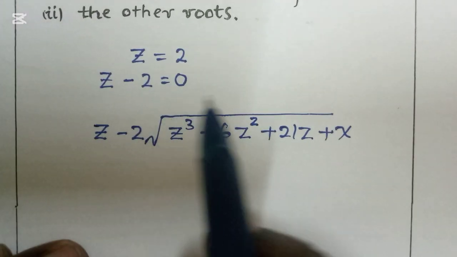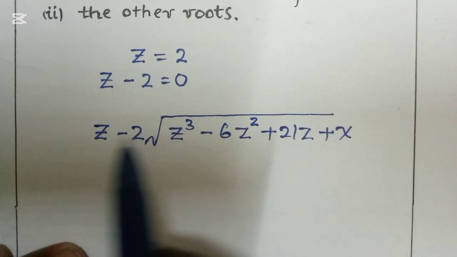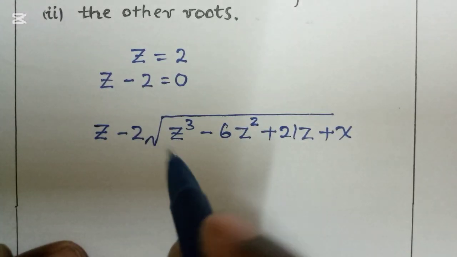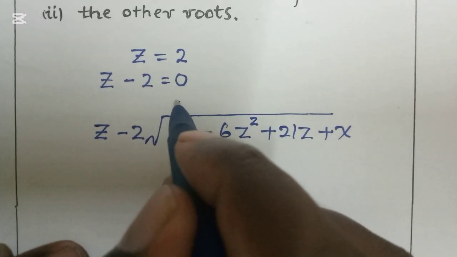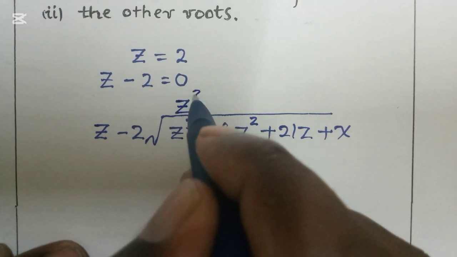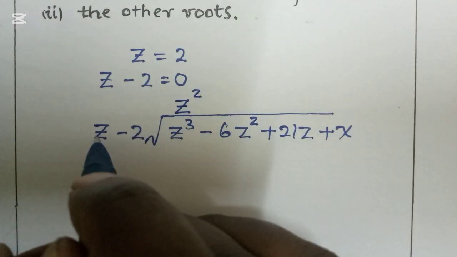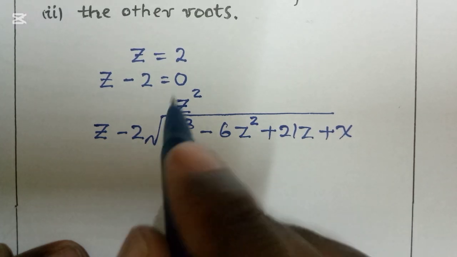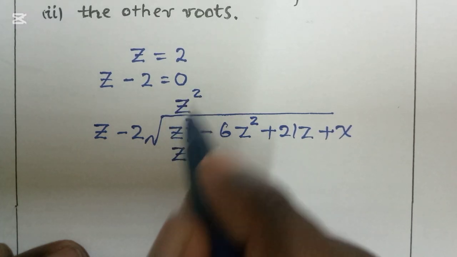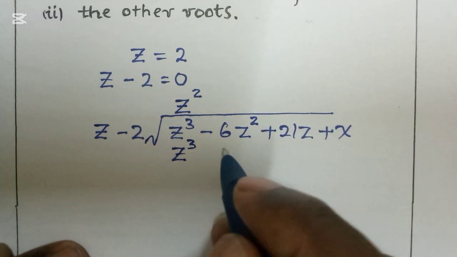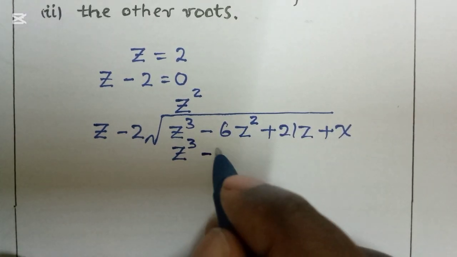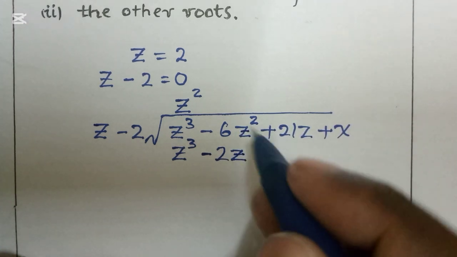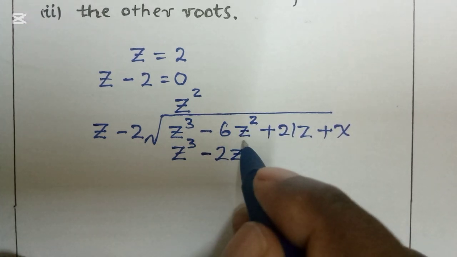So guys, the first thing we do, we look for a number that if I multiply, it will give me z cubed. Obviously that is going to be z squared. So z squared multiplied by z, you get z cubed. And then z squared multiplied by negative 2, you get negative 2z squared, like that.